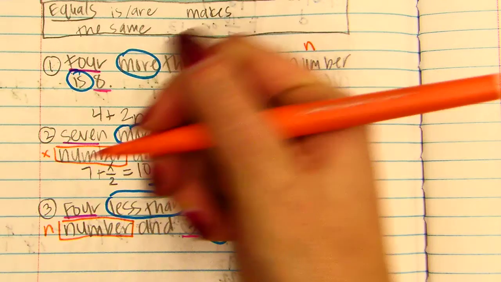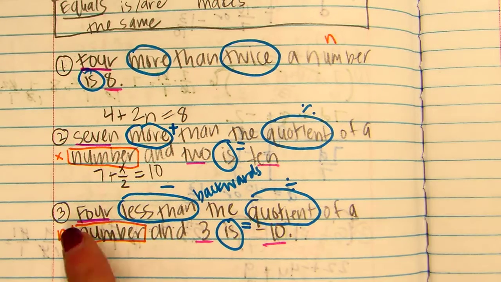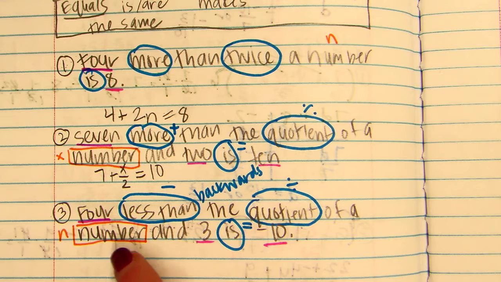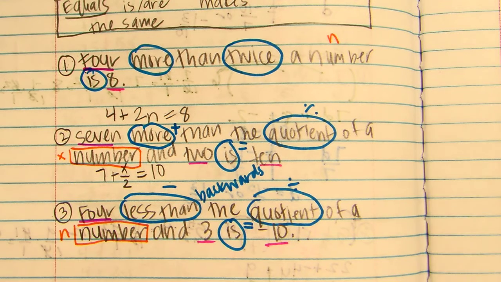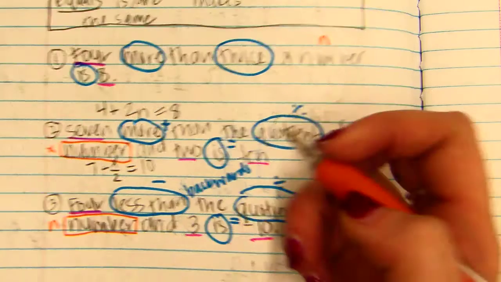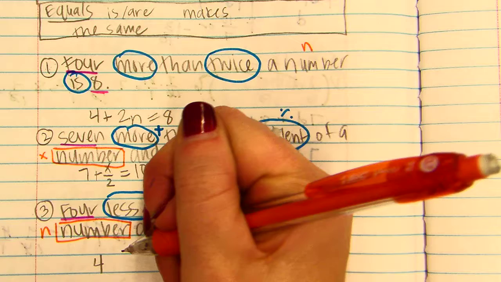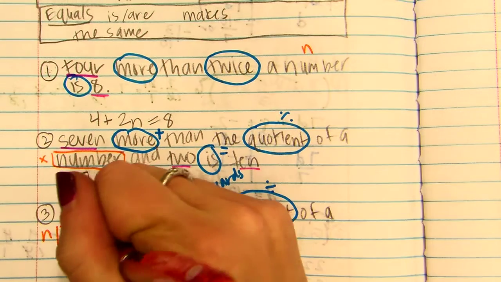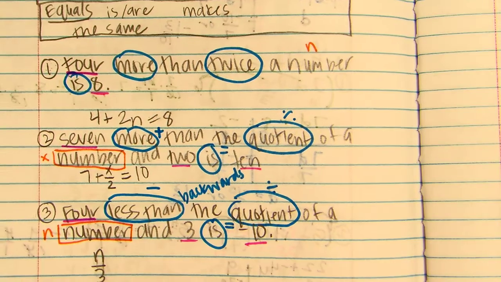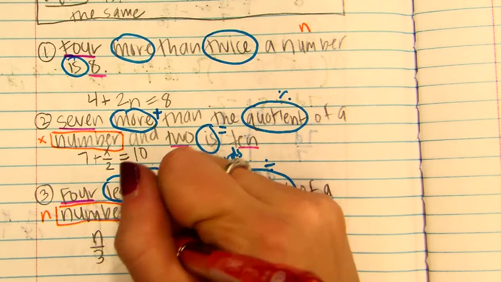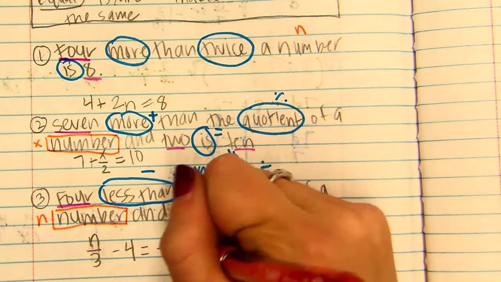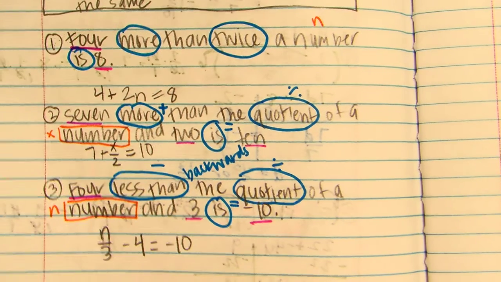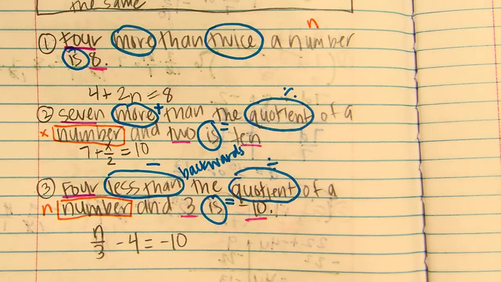Let's do n. Instead of doing 4 minus n divided by 3, it's going to be n divided by 3 minus 4. Less than ones are always backwards. So it would be the quotient of n divided by 3 minus 4 equals -10.